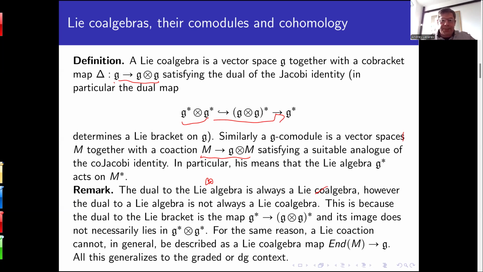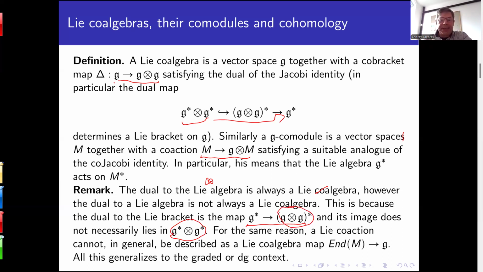And this is just because the dual to the Lie bracket is this map right here from G star into the dual of the tensor product of G with itself. And what we want is a map from G star into the tensor product of the duals. So the tensor product of the duals, that is to say, this space, is in general smaller than this space.